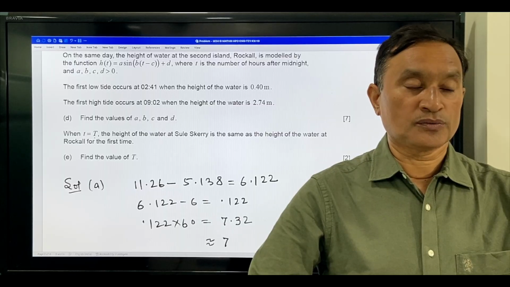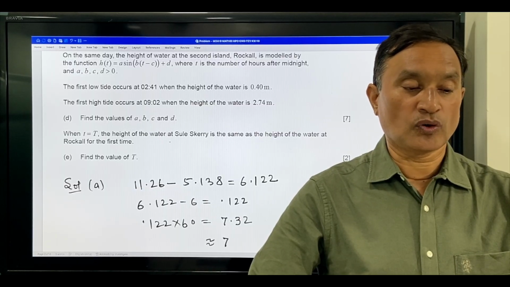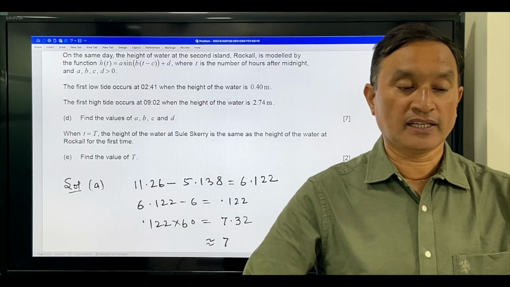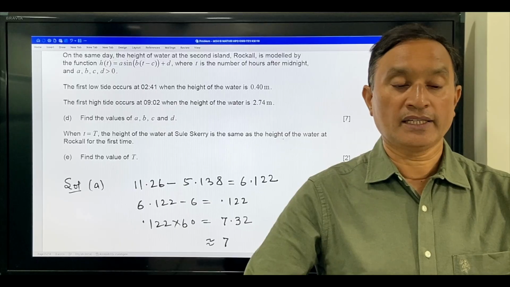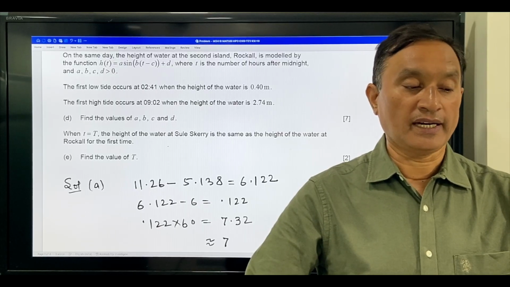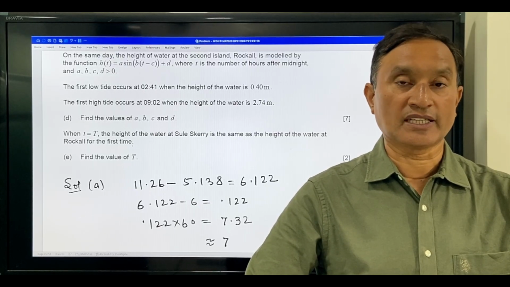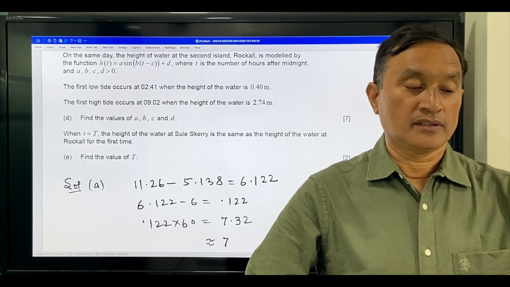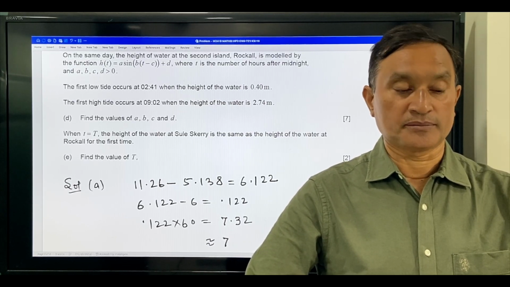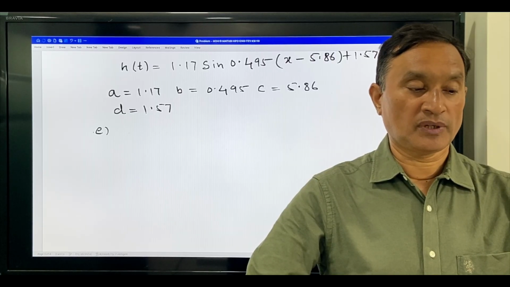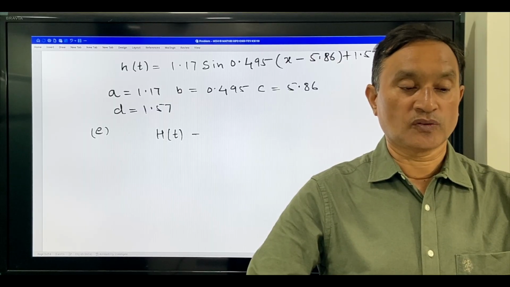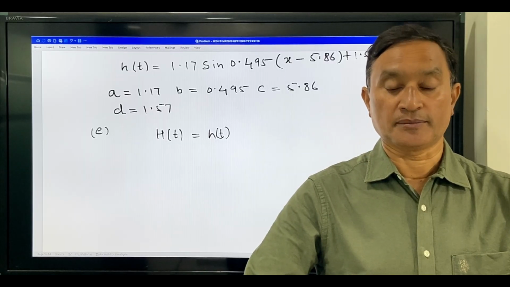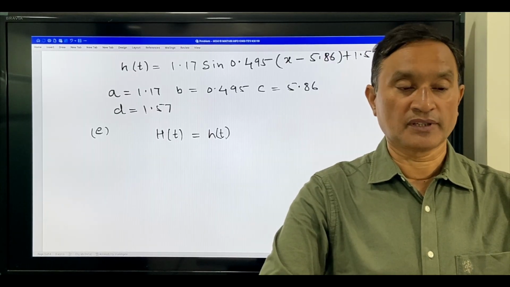When t equals capital T, the height of the water at Suleskeri is the same as the height of the water at Rockall for the first time. So E, find the value of capital T. So now E part, capital H equals small h of t and we will find the value of t. So we will use the calculator.